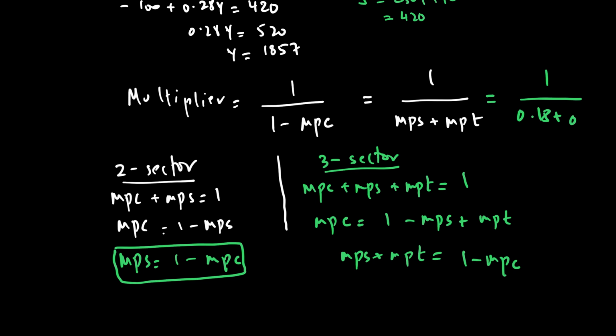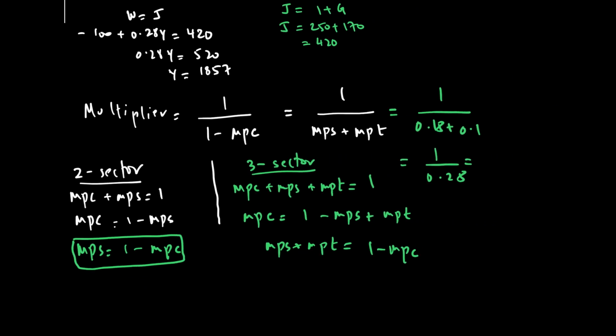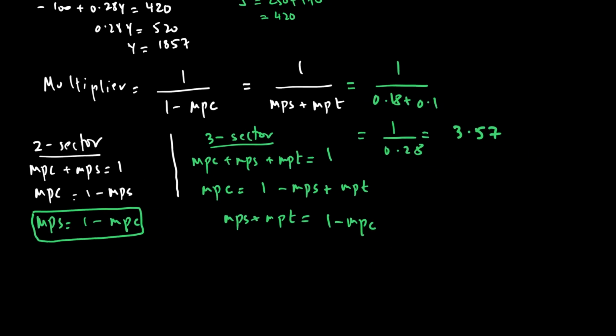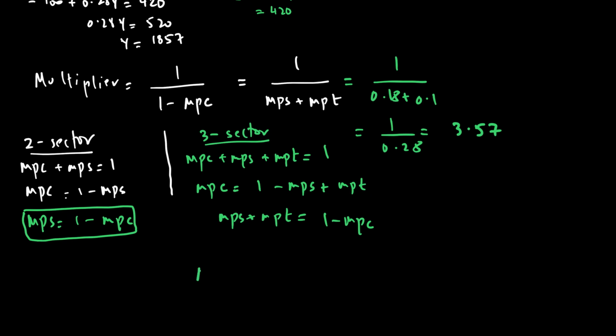Write this 0.1, and that makes this 1 over 0.28, which is, if I do the math, 1 over 0.28 is equal to 3.57.